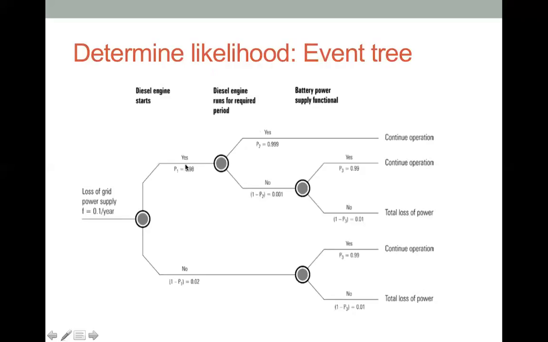If the diesel engine starts, and the likelihood is 98%, then 99.9% the diesel engine runs for the required period, and only 0.1%, or 0.001, the diesel engine will not run. And based on that, we then analyze the likelihood for this event.